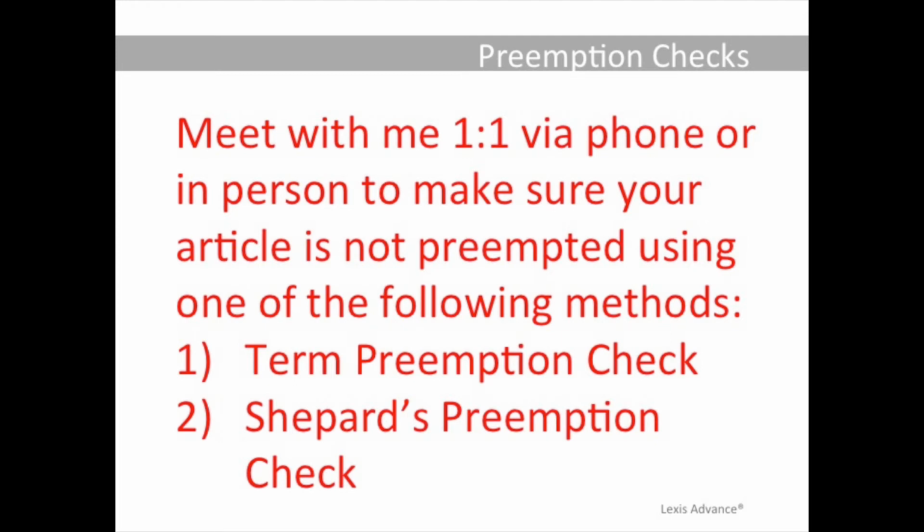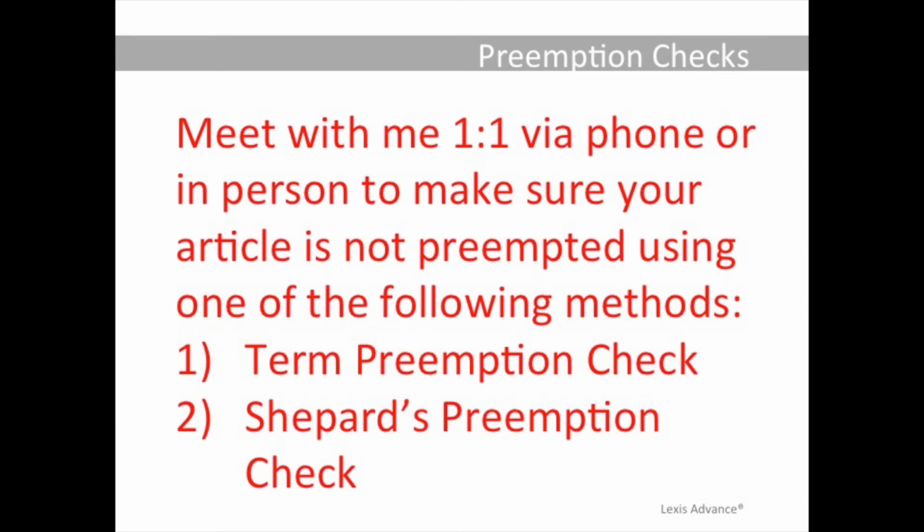The other way you can do a preemption check is to do a Shepard's preemption check. So this works if you know you're going to be focusing on a particular case or statute in your article. What you do is you look up that case or statute, you Shepardize that case or statute, and as you know, in a Shepard's report, you can look for cases that cite to your case, you can look for cases that cite to your statute, you can look for law review articles that cite to your case or statute.